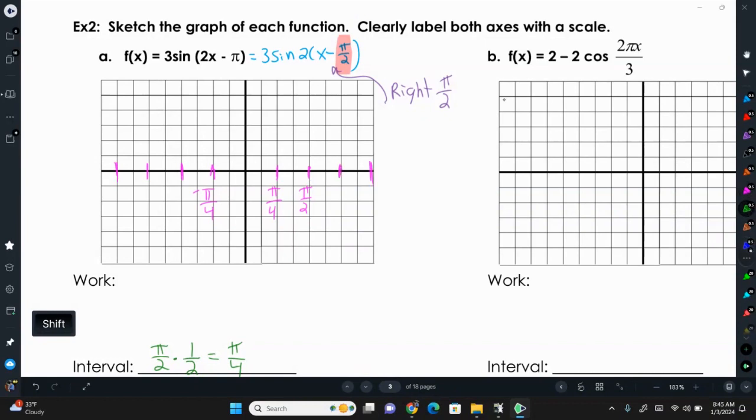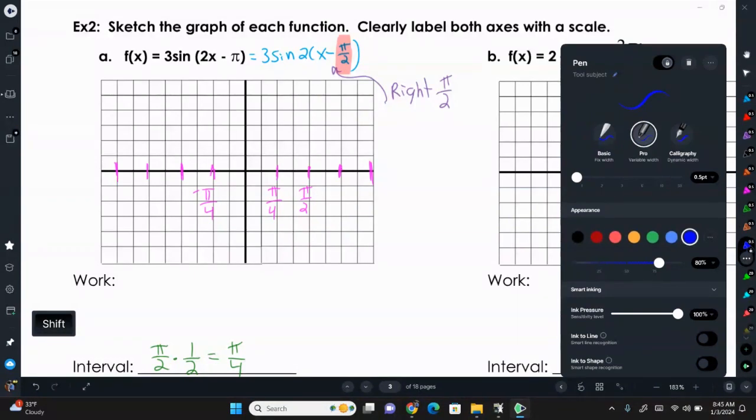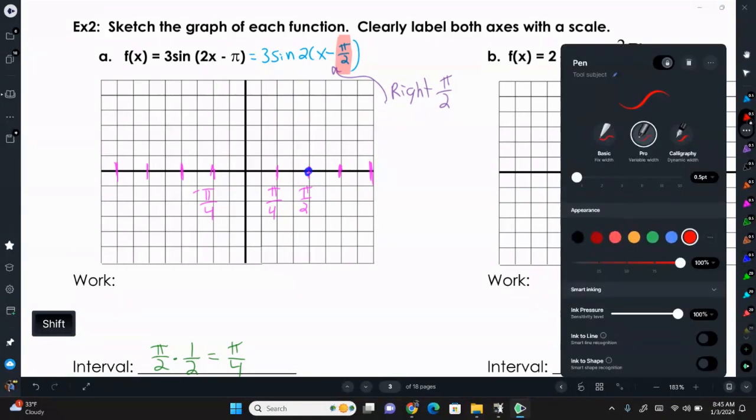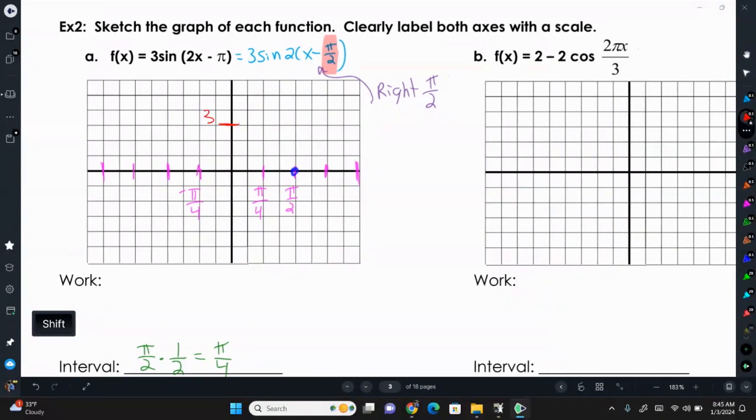So we started at pi over 2 comma 0, and then we go up. Oh, I didn't do the y-axis, so let's do that. 3, negative 3. Now you see all of our points aren't going to fit. That's okay, because we're just going to follow the same pattern going backwards.